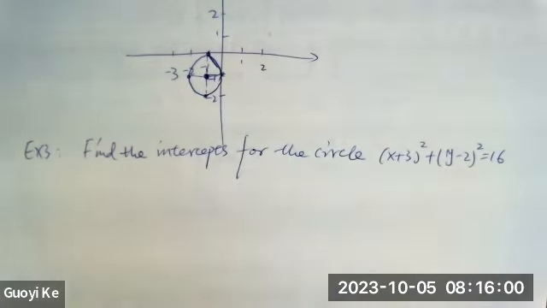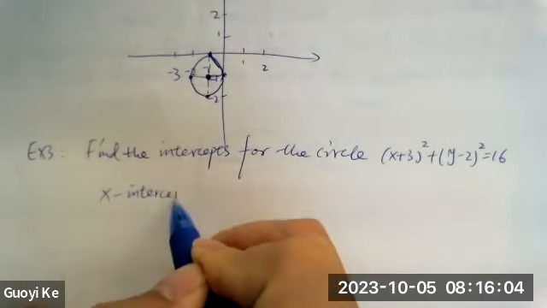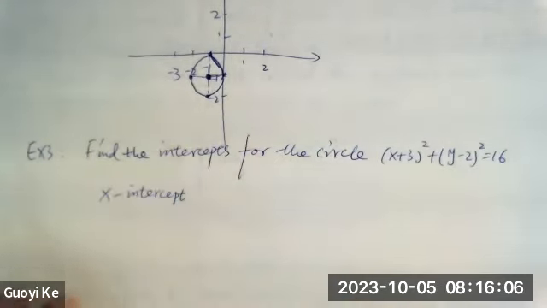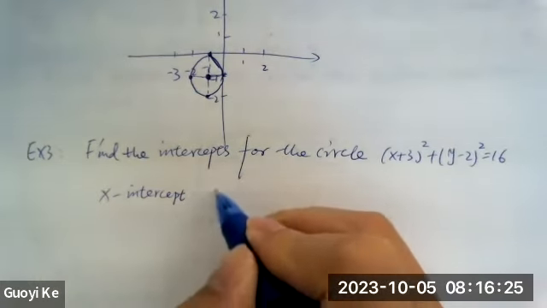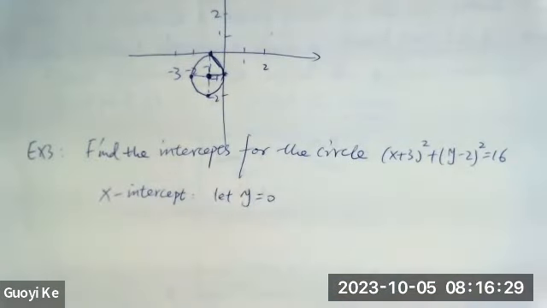Do you guys still remember how to find the x-intercept? We let what? Yeah, y equals 0, right?